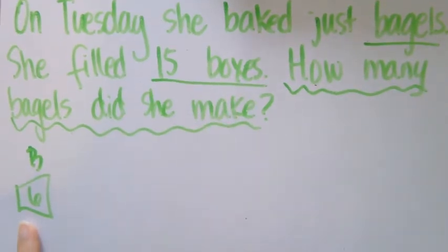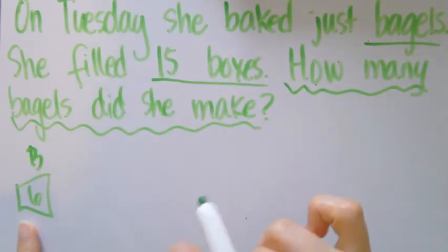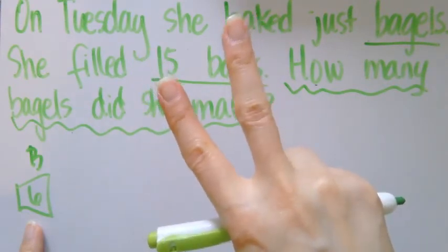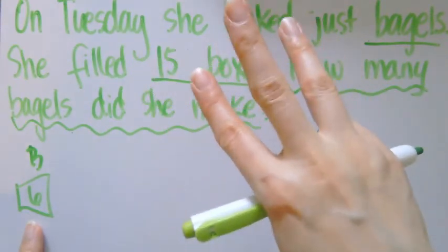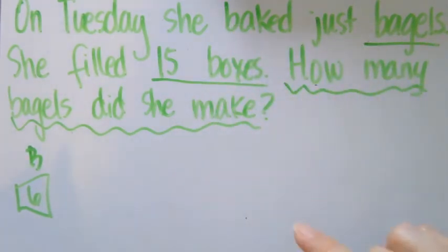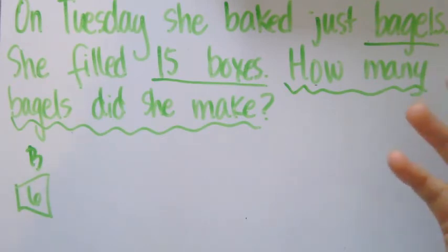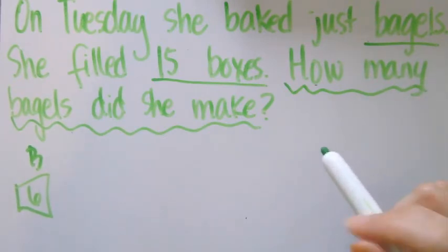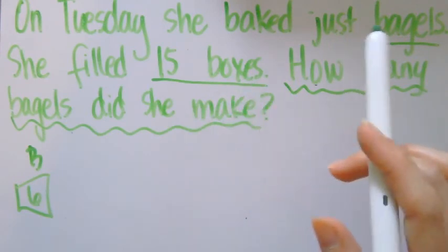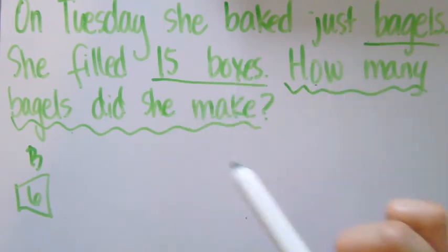Okay, a couple of, again, different ways to get to that. I can draw out 15 boxes and add them all up. 6 plus 6, second box is 12. 6 plus 12, third box is 18. I can do that. That would take a really long time, and I can do that. But is there a better, quicker strategy that would help me to figure out how many bagels did she fill, or how many bagels filled those 15 boxes?